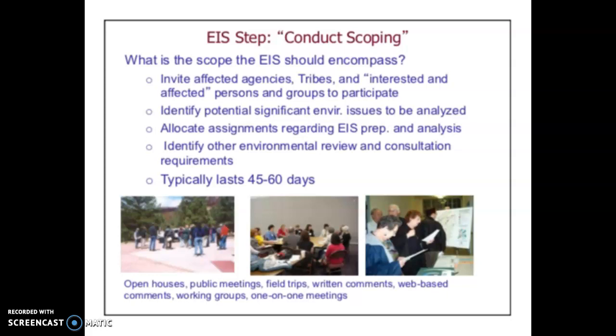They can allocate assignments regarding the preparation, where they could go and hire out possible other people, and identify other environmental review and consultation requirements. So this typically lasts 45 to 60 days, and is conducted in these different forums that are shown below.